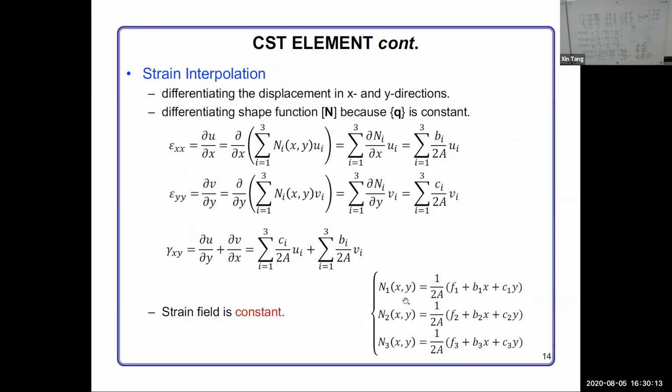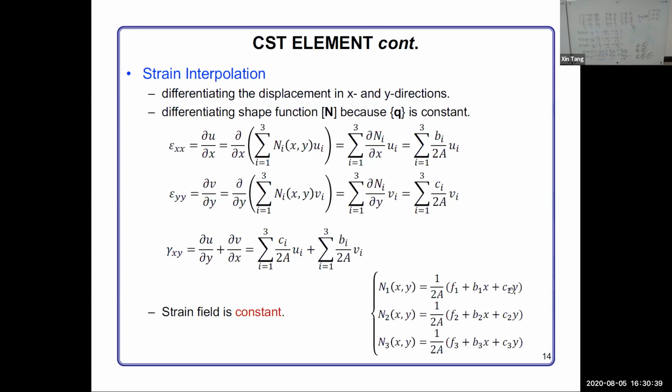So N taking the X derivative gives B. Partial N1, partial X equals B1 divided by 2A; the X gets rid of. Partial N2, partial X equals B2 over 2A.